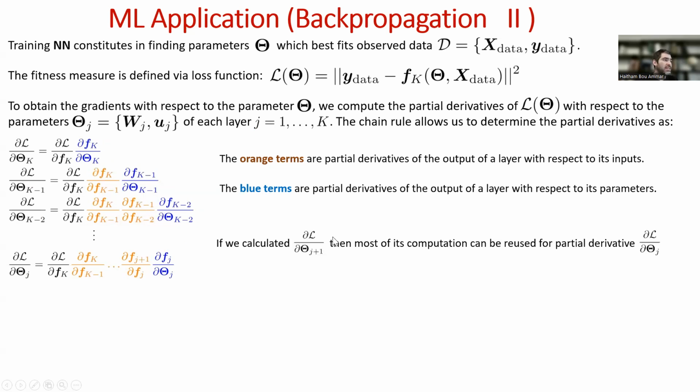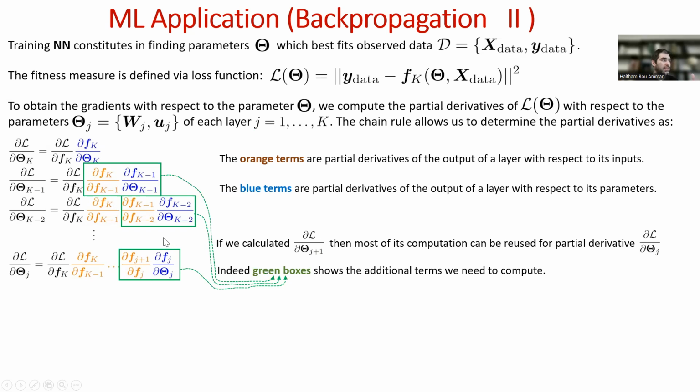You also can see that if we calculated the derivative with respect to parameter theta j plus 1, then most of this computation can be reused in order to compute the partial derivative with respect to theta j, the weights associated with the previous layer.